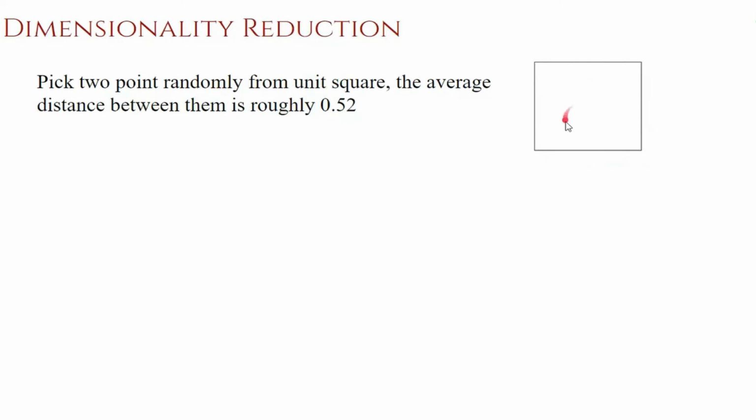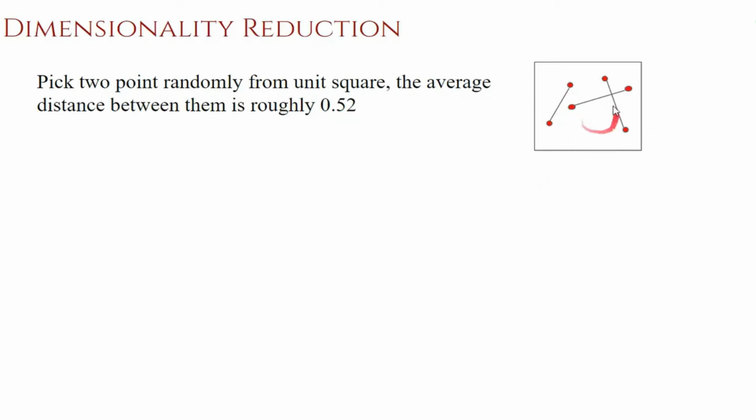In this unit square, let us randomly pick 2 points and then find the distance between them. Let's take another random 2 points, find the distance between them. Again, pick another random 2 points, find the distance. The distance, in the sense that you are finding the Euclidean distance between them.